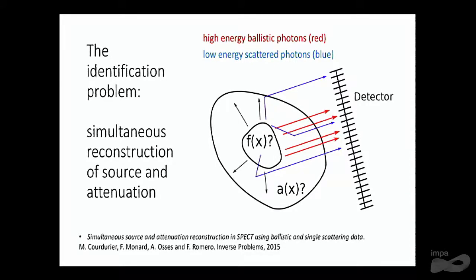Since the scattered photons have lower energy, you can distinguish them from the ballistic ones by observing the energy. So this was the idea we tried to use. If we use this scattered information, maybe we can recover not only the source but also the attenuation.